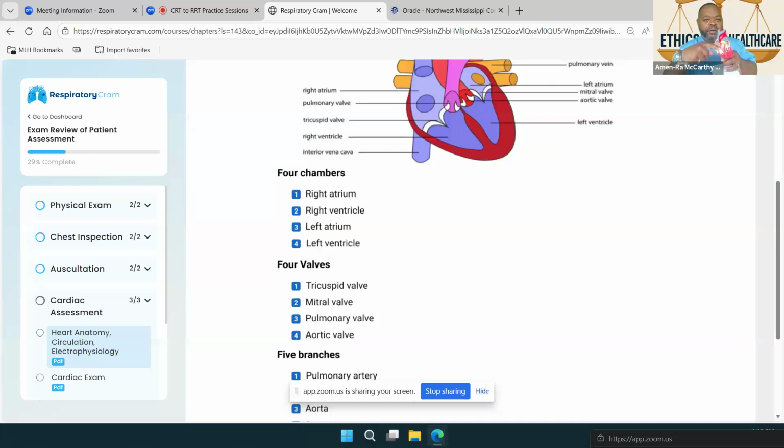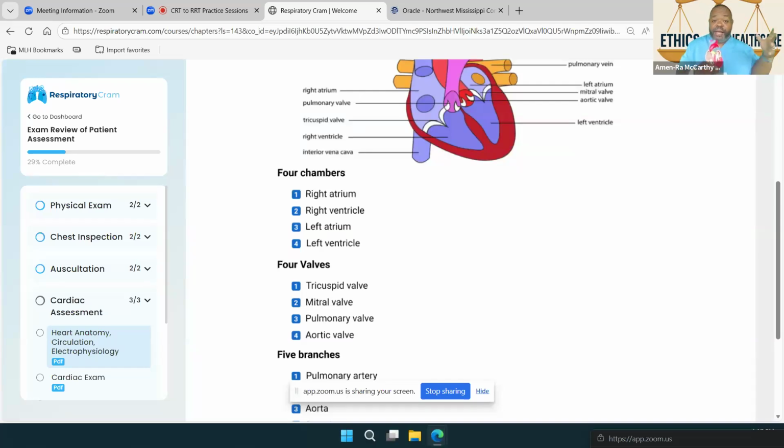They go down through the tricuspid valve into the right ventricle, which is this one here, small. See how it's much smaller than the left ventricle, right? Then it leaves the right ventricle and goes through the pulmonary valve, right? Into the pulmonary artery, okay? And then to the lungs, right?